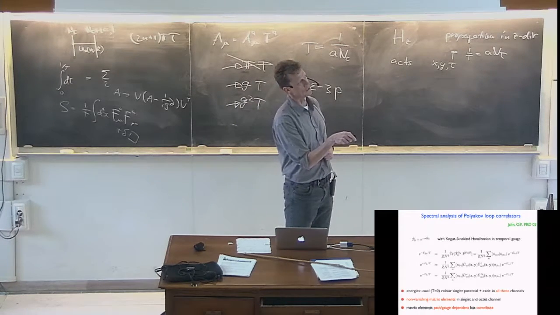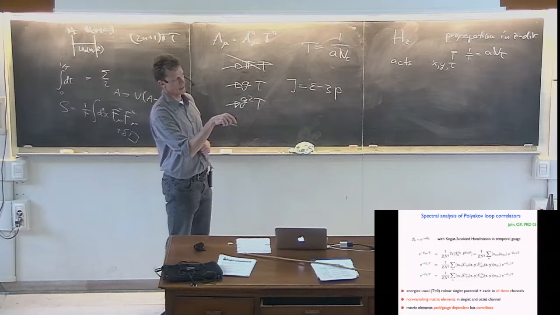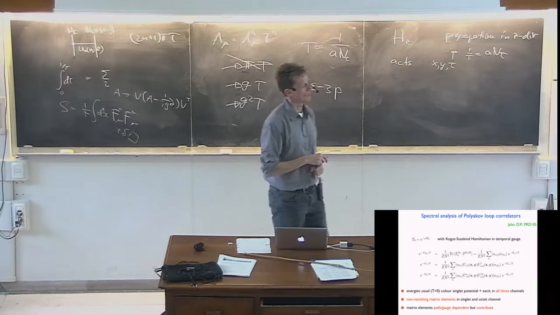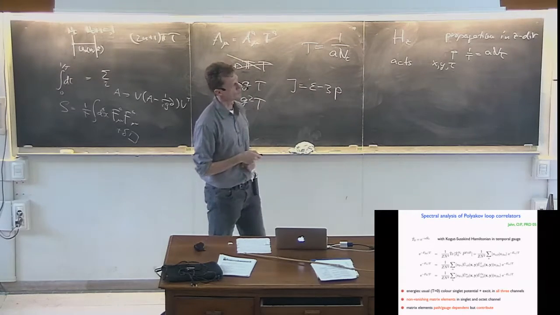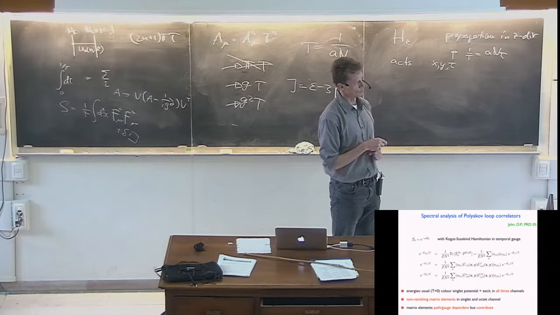The spectral information is the same in all three channels. So this distinction between the F8 and the F1 doesn't make much sense, and it depends on the gauge. This is just a comment, if you see this or read this somewhere, to be careful.